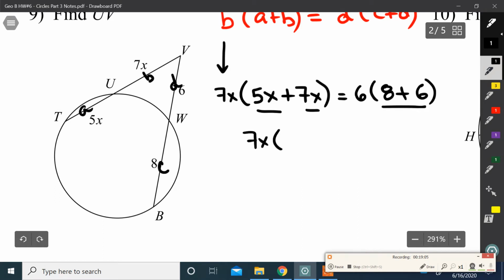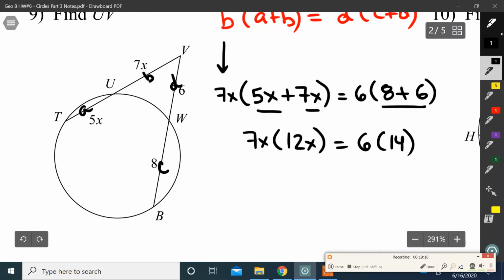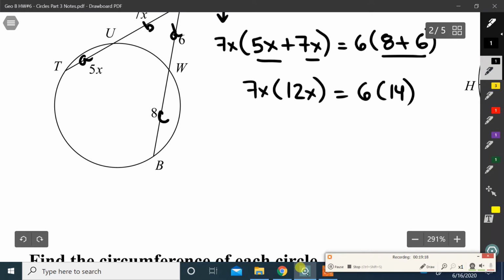So 5x plus 7x, that's going to give you 12x. And then 8 plus 6, that's just going to be 14. Now let's multiply. 7 times 12 is 84. And when you multiply x times x, it is x squared.